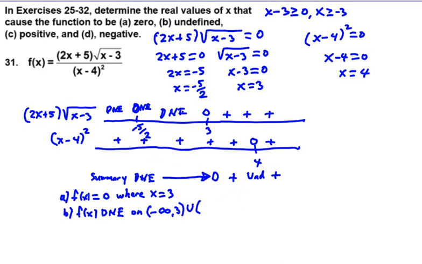Actually, it would go like this, up until 4, and then, well, it does not exist at that number, so I'm going to have to put a bracket.